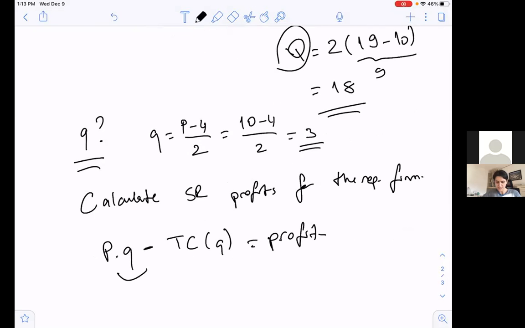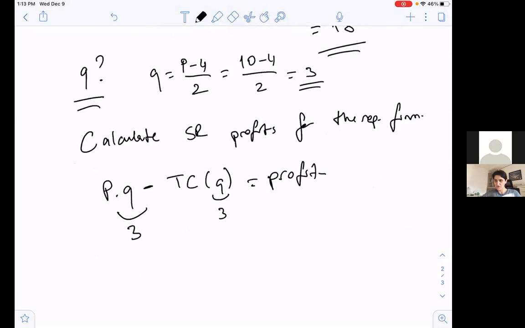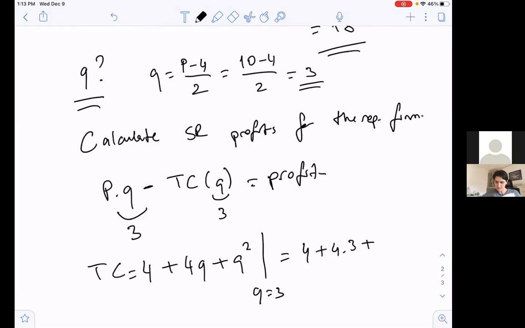We know that the representative firm will produce 3 units, and you are going to find the total cost for Q equals 3. The total cost equation was on the top, 4 plus 4Q plus Q square. So when Q equals 3, 4 plus 4 times 3 plus 3 square, 4 plus 12 plus 9, 25.